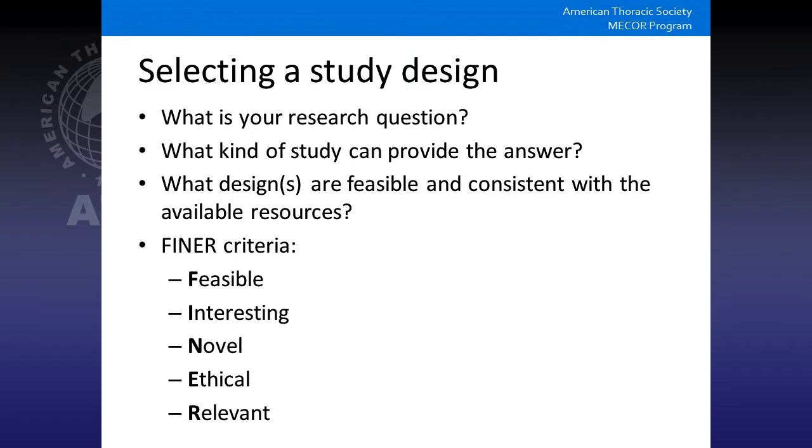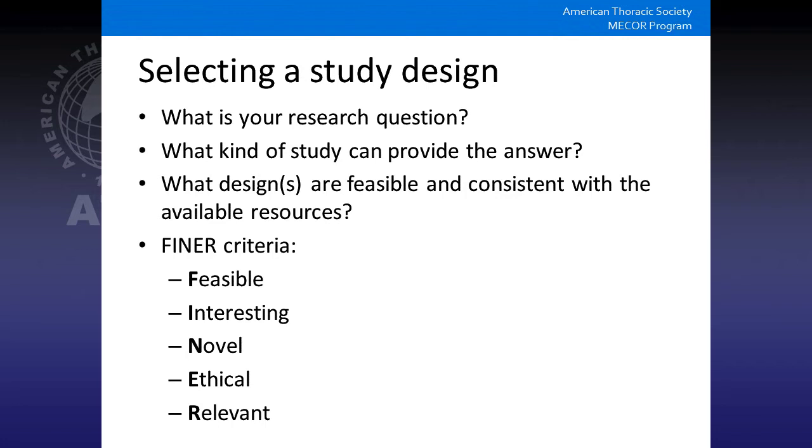So I think it bears some repeating a little bit about some of the principles for selecting a study design. Obviously, the most important question is what is the fundamental question you're trying to answer? But within that, we need to phrase the question itself so that it involves measurable outcomes, measurable exposures, and meets a set of criteria we've run into before, that is the finer criteria.